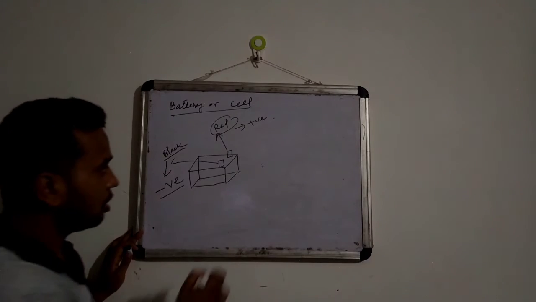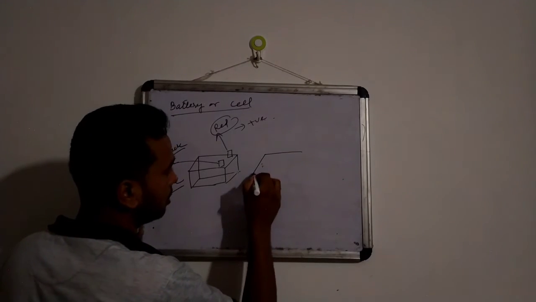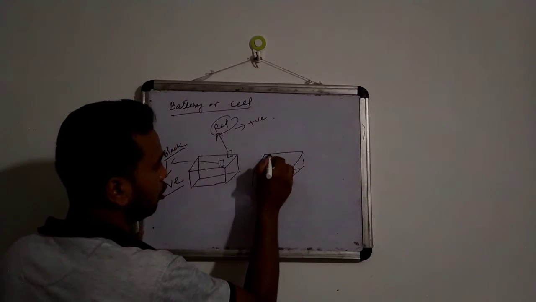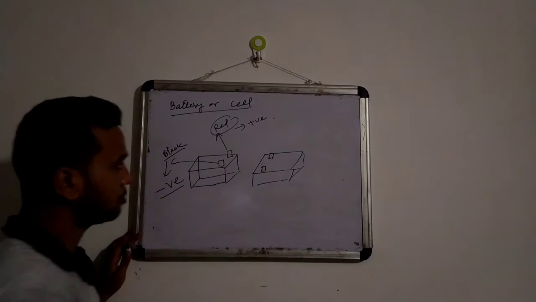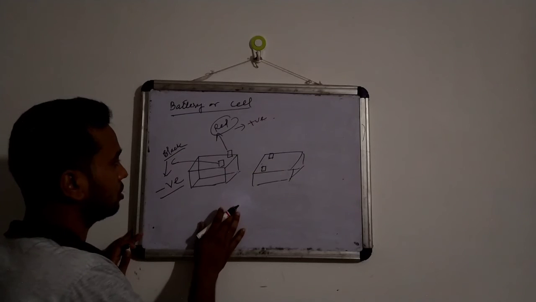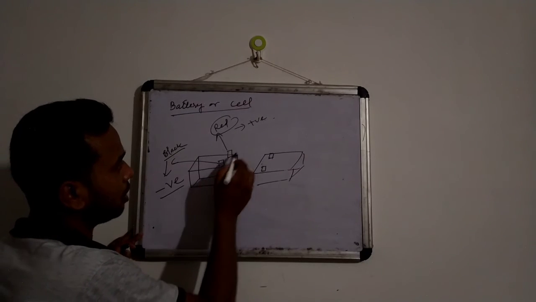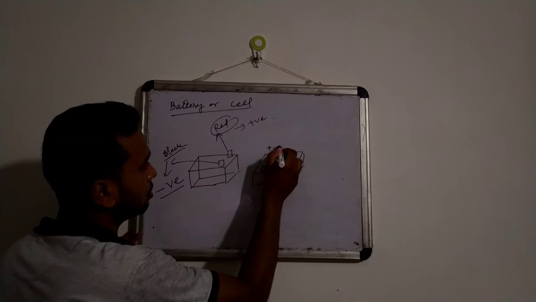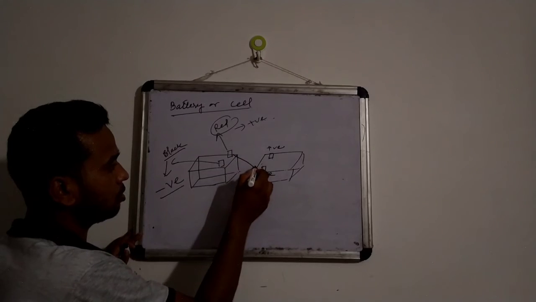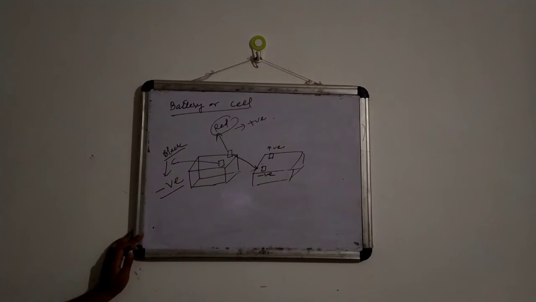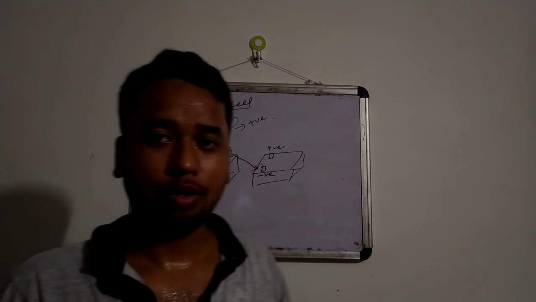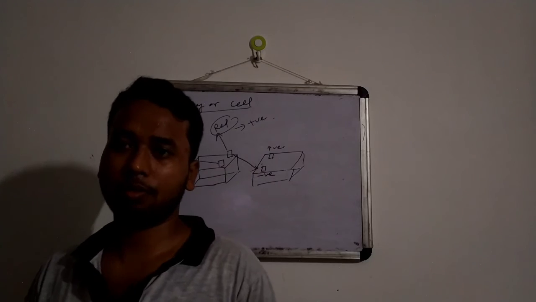Okay. If we want to connect another cell with this one, then there will be two terminals again. So we have to connect the positive terminal of the first cell with the negative terminal of the second cell. Okay. So in this way we can connect different types of cells to make a battery.